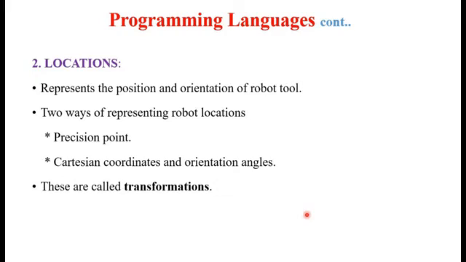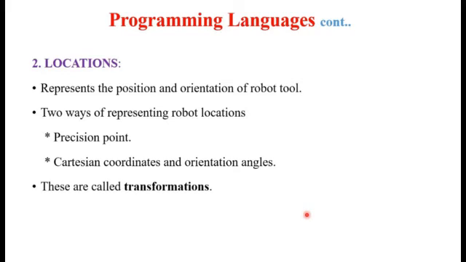Then there are two ways of representing these robot locations: precision points, and Cartesian coordinates and orientation angles. In precision points, we have to define points, likewise x1 y1 to x2 y2, from x2 y2 to x3 y3. Likewise certain points we have to define.